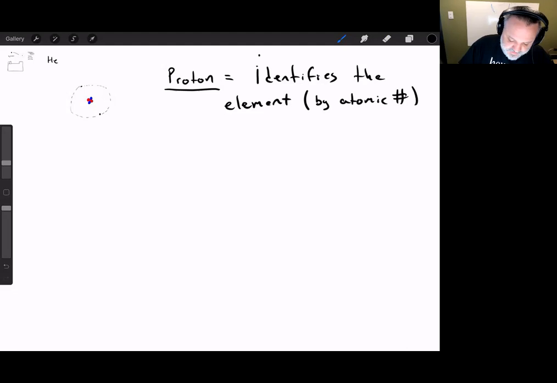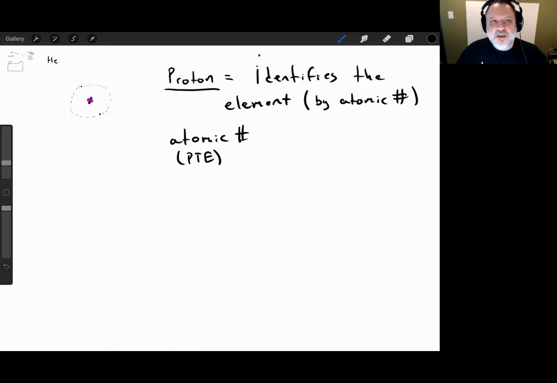What I mean by that is that the atomic number is the number from the periodic table of elements. So when I told you to learn the first 30, I mean the first 30 in atomic number. The atomic number equals the number of protons in the atom.